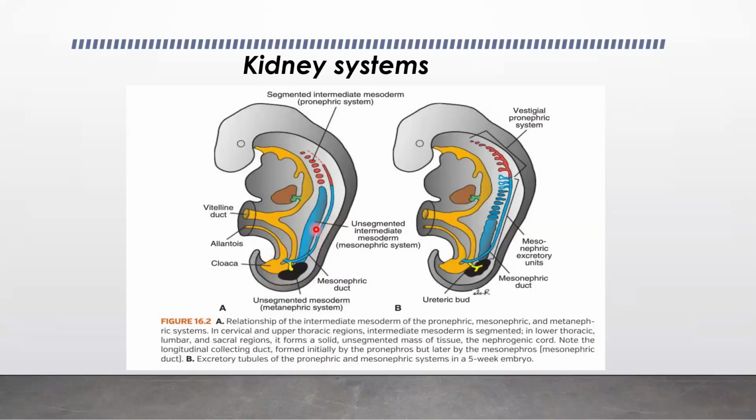The mesonephric ducts drain in the cloaca because it has a very important function in terms of development of the reproductive system. Now we have the vestigial pronephric ducts developing in the neck region, the cervical region. Then the mesonephric ducts are in the thoracic and the abdominal region. Then the lumbosacral will have now the metanephros.